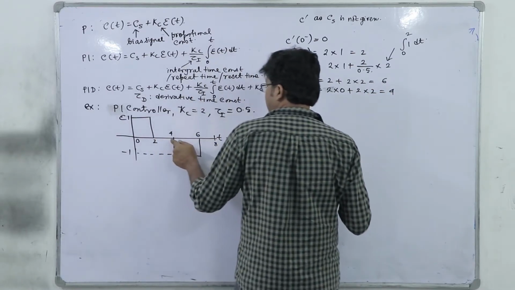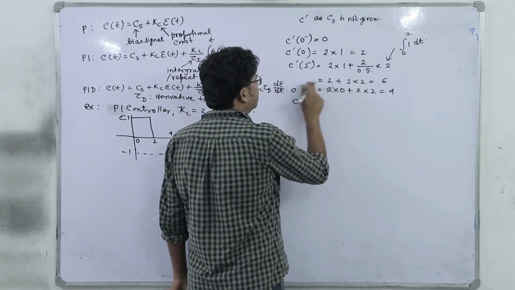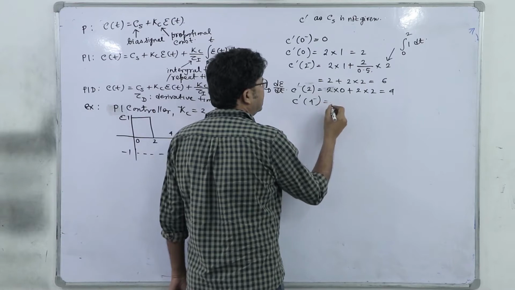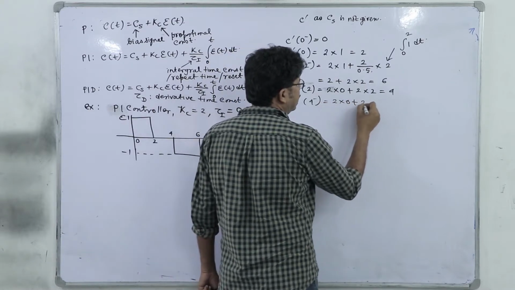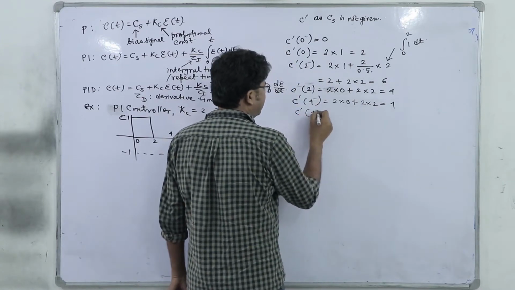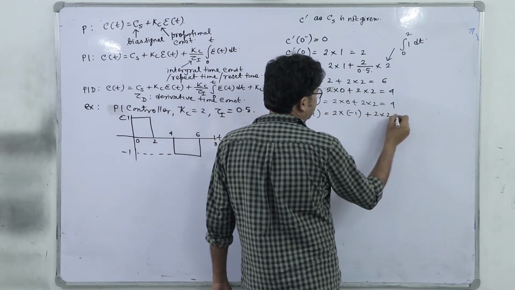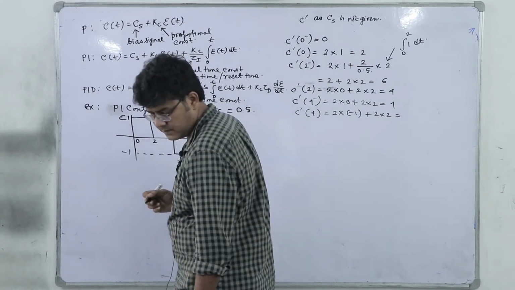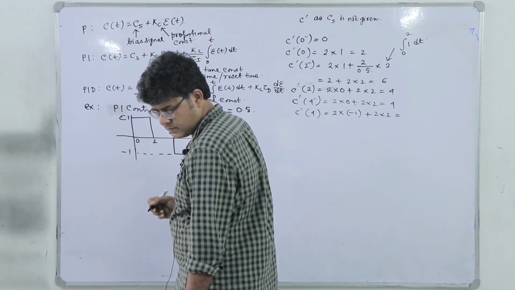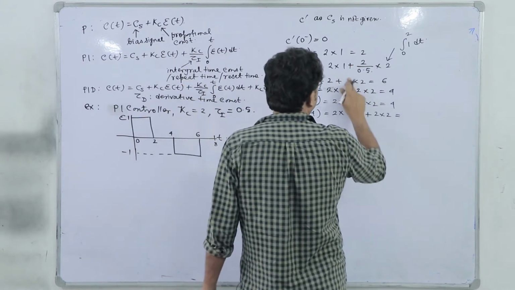Now, it will continue up to 4 minus. So, sorry, this is 2. Then C prime at 4 minus remains the same: 2 into 0 plus 2 into 2 equal to 4. Now, C prime at 4, the value is minus 1 plus 2 into 2, correct? No, I have made a mistake.